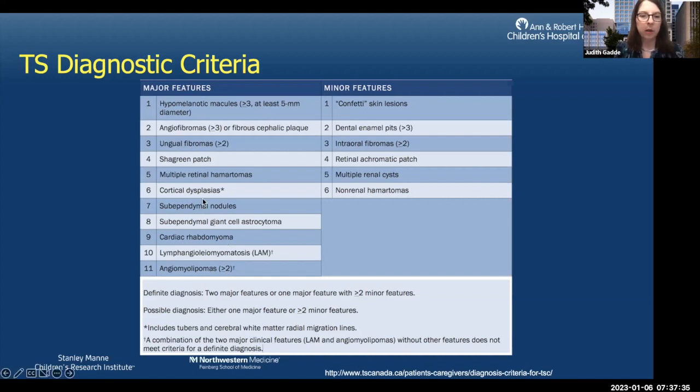So we will talk about the CNS findings, but some other things that they often are evaluated for are cardiac rhabdomyomas. And then in the lungs, they get something called LAM or lymphangioleiomyomatosis, and they also can get angiomyolipomas. And then multiple skin findings and multiple renal cysts. Those, I would say, are the most common ones that we run across.